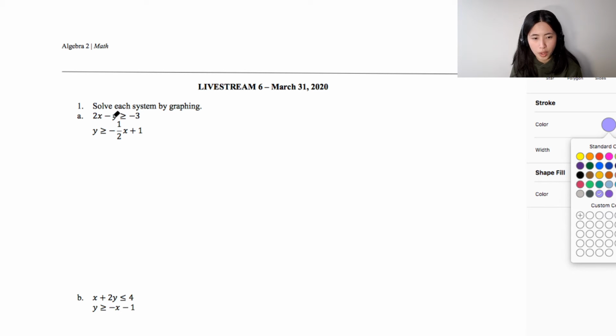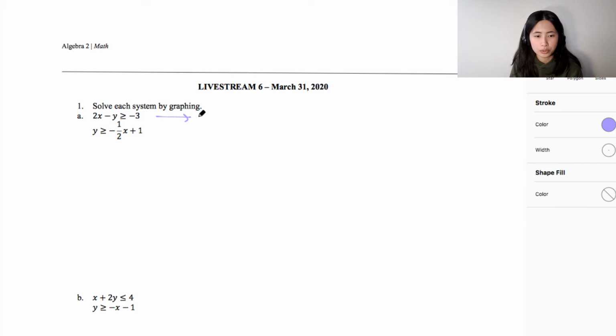So we know that this is 2x minus y, which is greater than or equal to negative 3, right? So if I were to isolate my y on just one side of the equation, I'm going to get negative y greater than or equal to negative 2x minus 3. I'm going to see that this has a negative coefficient, which is negative 1.